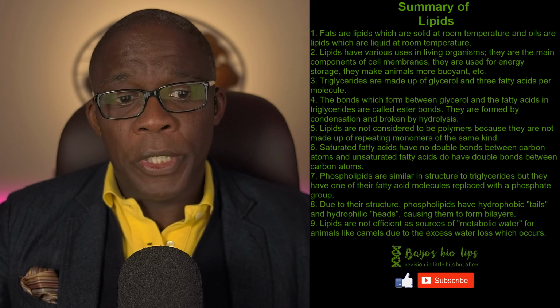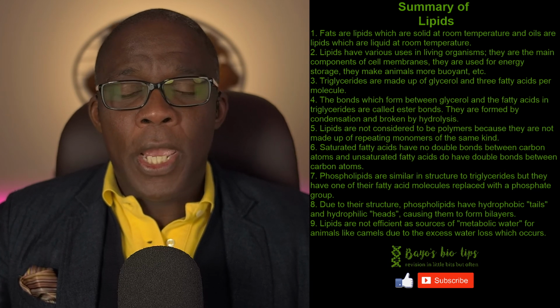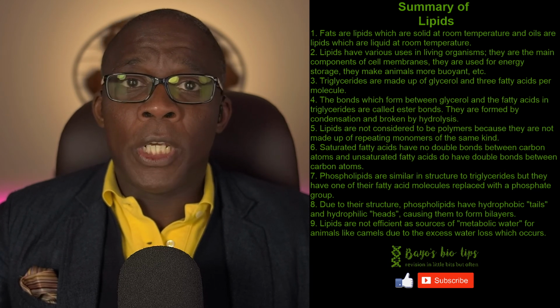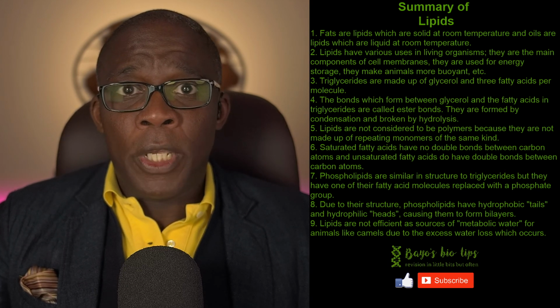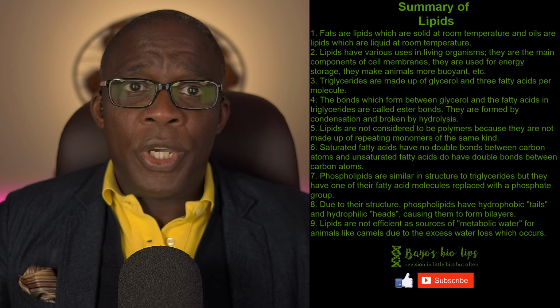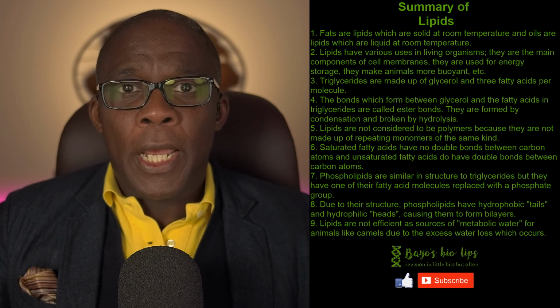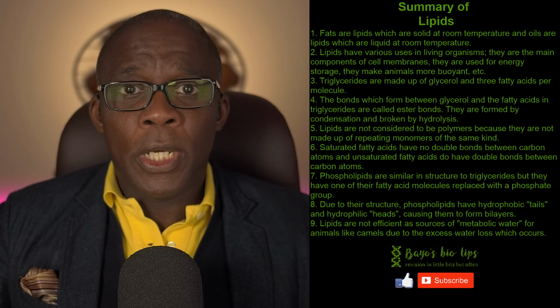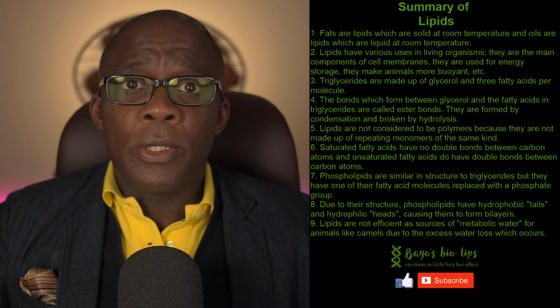And then finally we talked about the possibility of lipids being used as sources of metabolic water in animals that live in desert areas or places where water is scarce. In those situations, in reality, lipids wouldn't work as a source of metabolic water, because there are disadvantages to using lipids in that way.